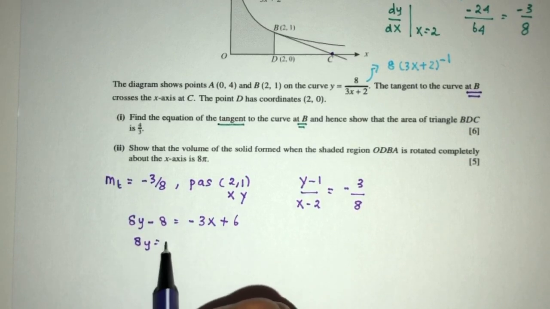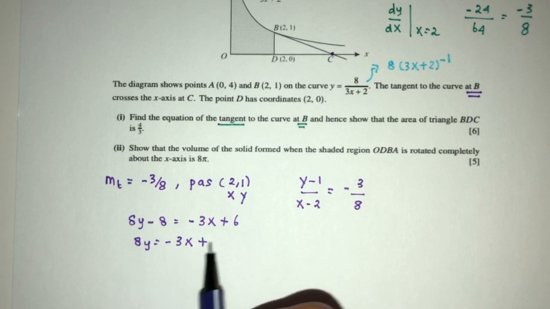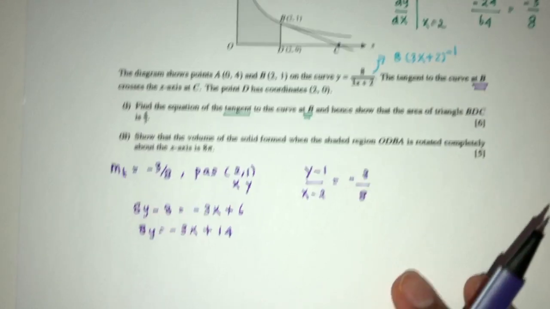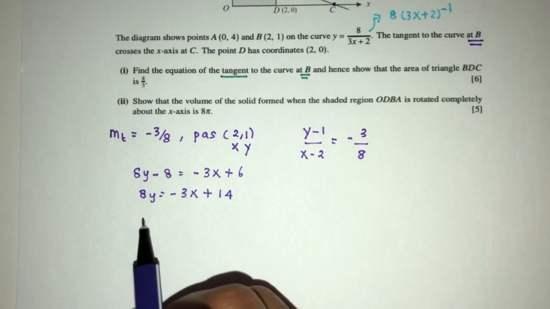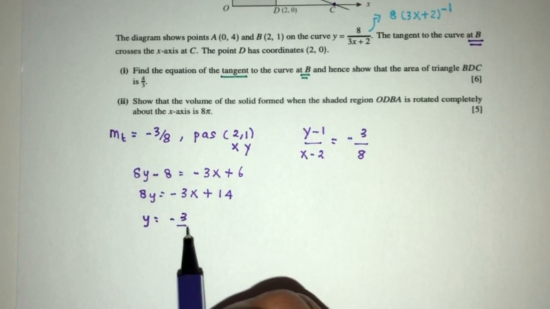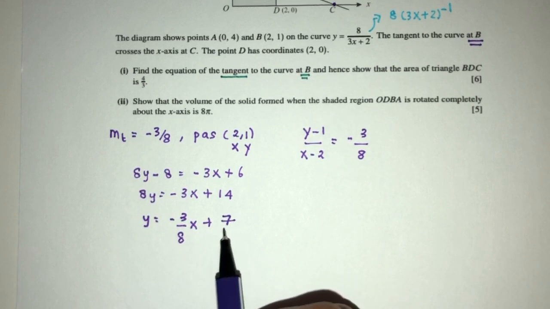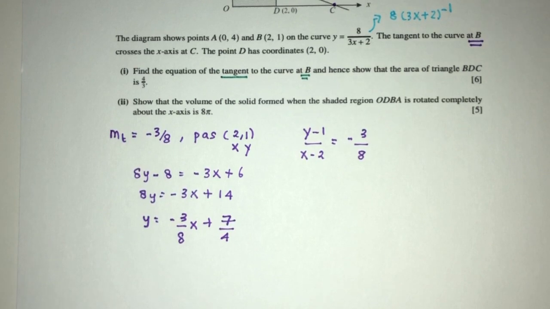Now 8y is equal to minus 3x plus 14, and that will be my equation for the tangent. Again, you can always make y the subject, it is up to you. That will be y equals minus 3 over 8 x plus 7 over 4. Okay, that will be also the same thing.